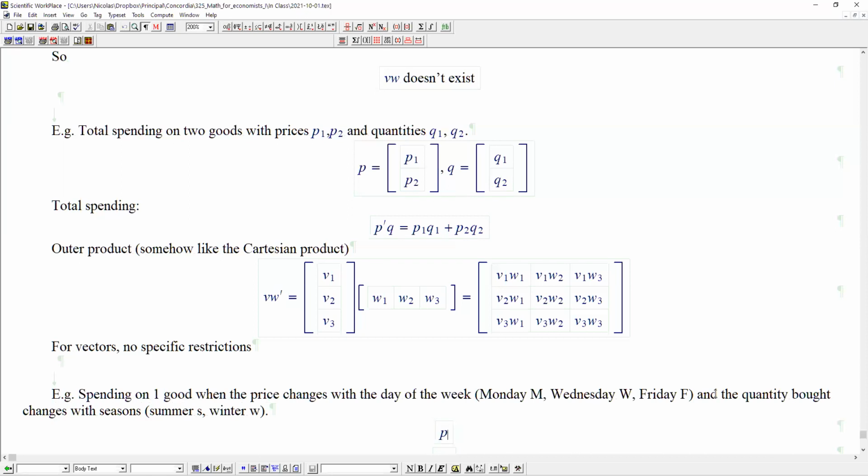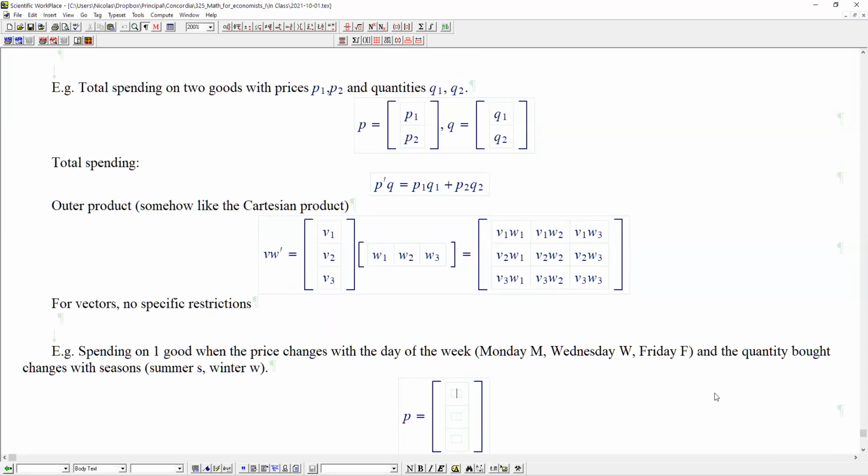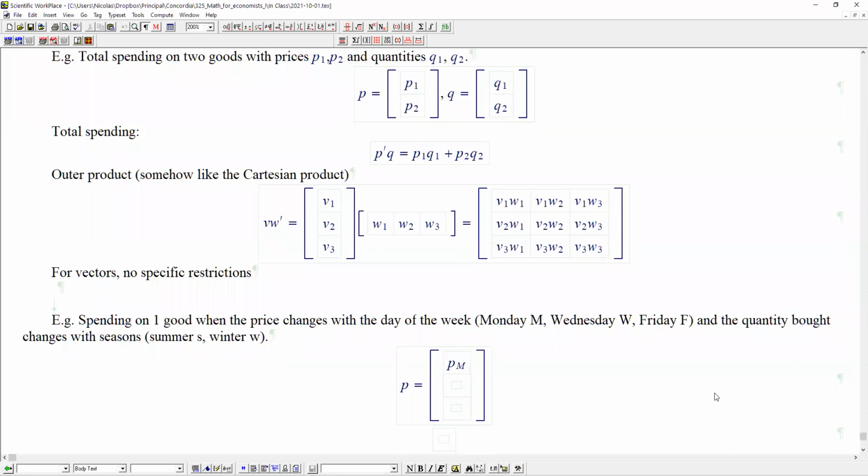The vector of price would be PM for Monday, PW for Wednesday, and PF for Friday. And I can have the vector of quantities, which would be two sorts of quantities, either summer or winter: QS or QW.